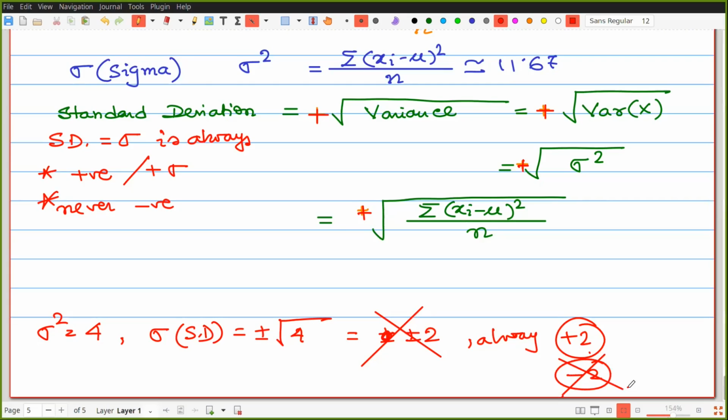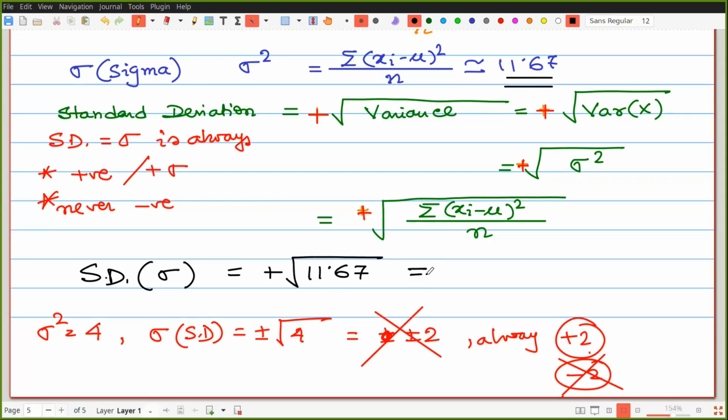Always positive. So here, according to that problem, the standard deviation, that means sigma, would be plus square root of 11.67, and that is nearly equal to 3.42, but always plus, never minus.